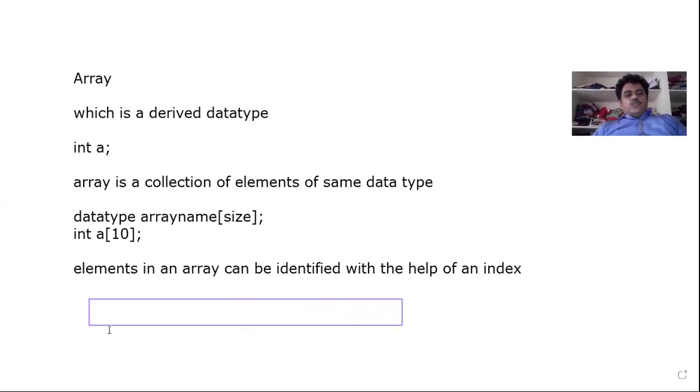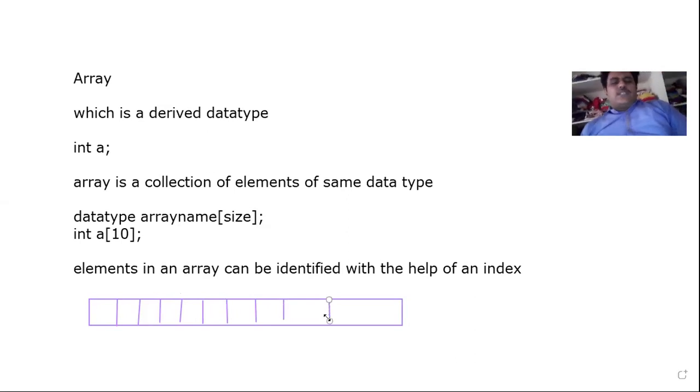We said the array is of size 10, so blocks 1, 2, 3, 4, 5, 6, 7, 8, 9 and 10.